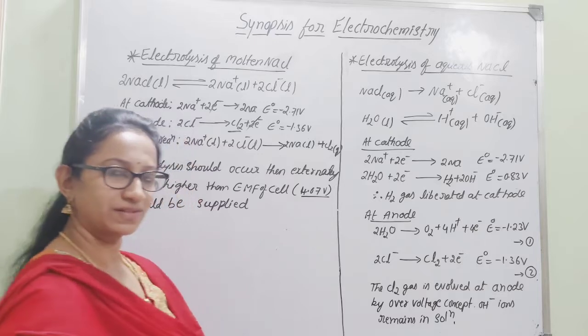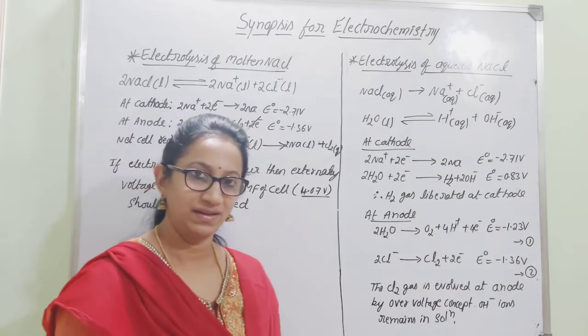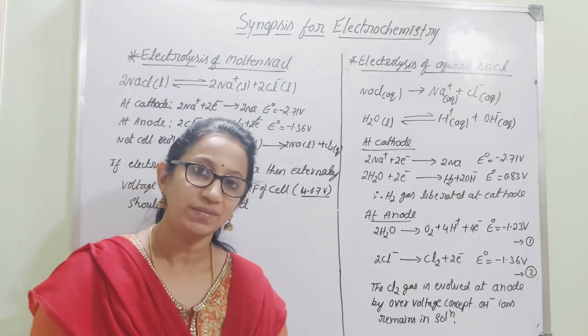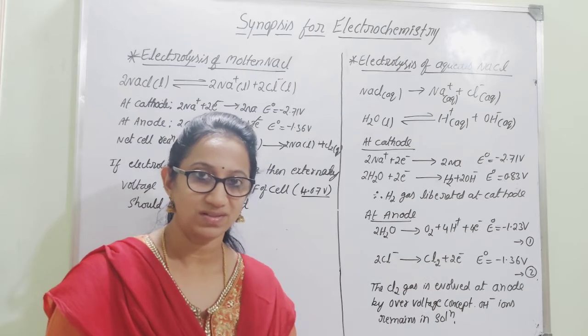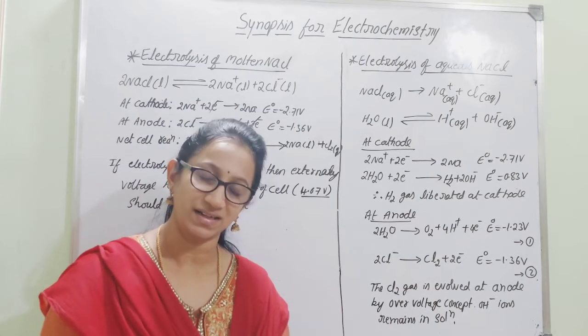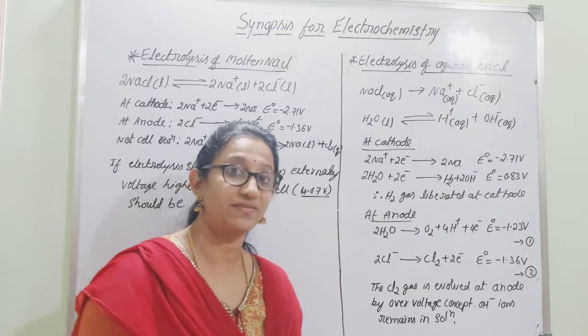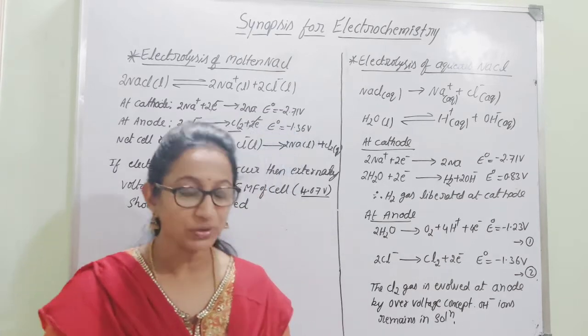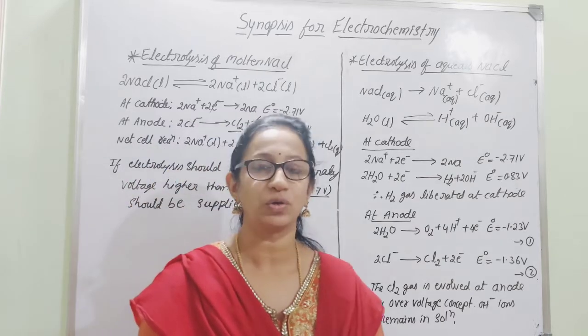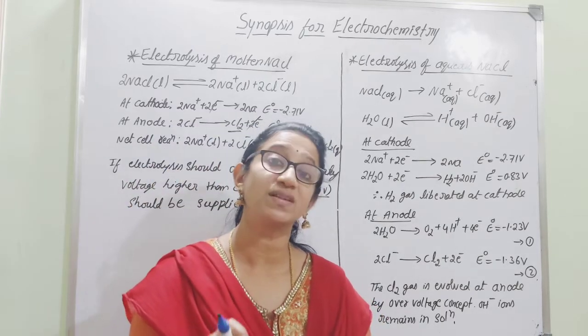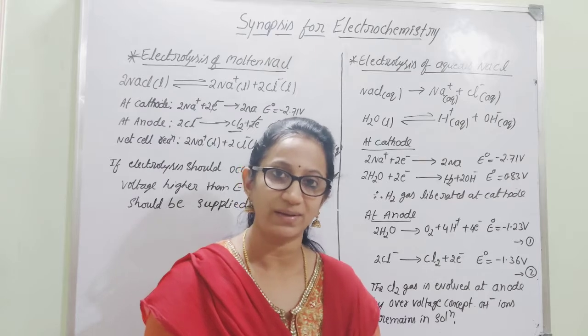What is the difference with respect to aqueous sodium chloride? If sodium chloride is present alone, there is no other competitor for the cations and anions to get discharged at the cathode and anode. But in the case of aqueous sodium chloride, there are not only sodium and chloride ions, there will also be H+ and OH- ions. Where do they come from?